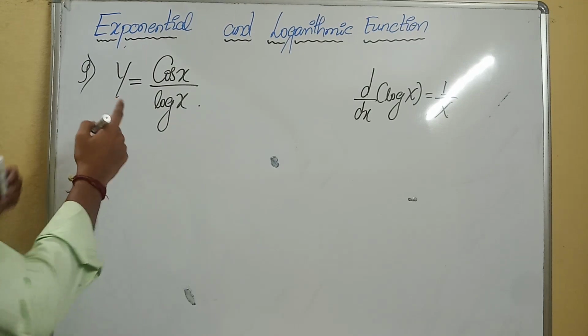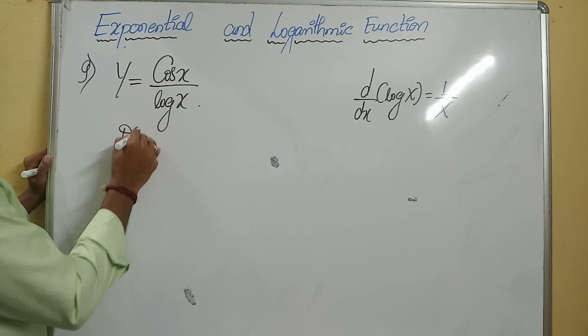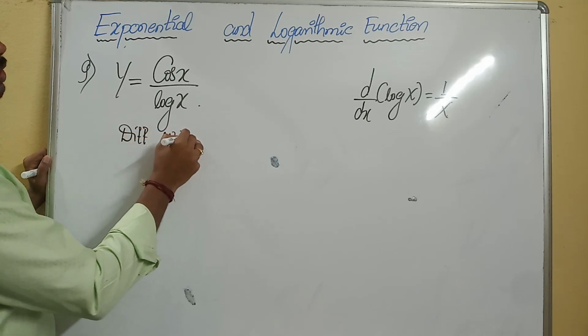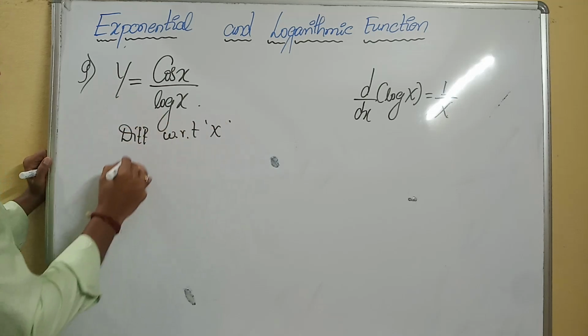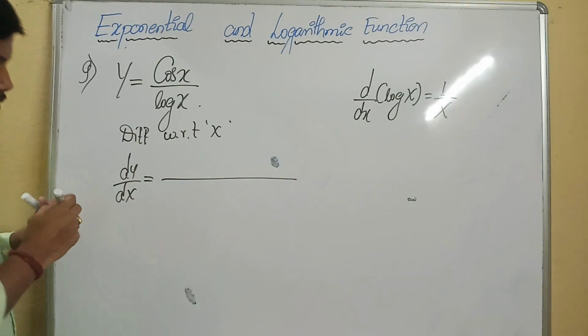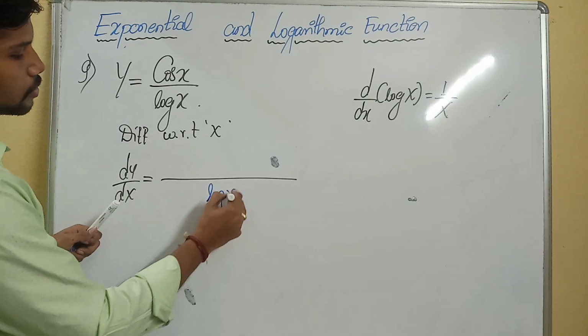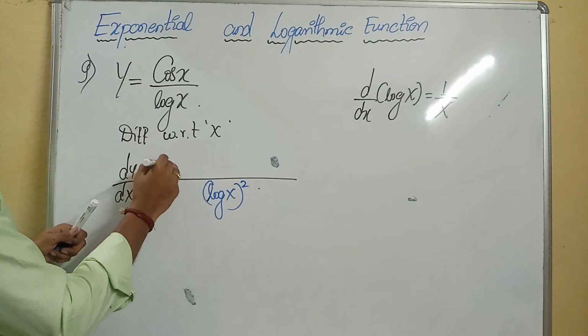Concentrate. Y is equal to cos x by log x. It is in the form of u by v. We need to apply the quotient rule. Differentiating with respect to x, dy by dx. I already told you the formula. What's the formula? I write here denominator square. What's the denominator square? Log x square.